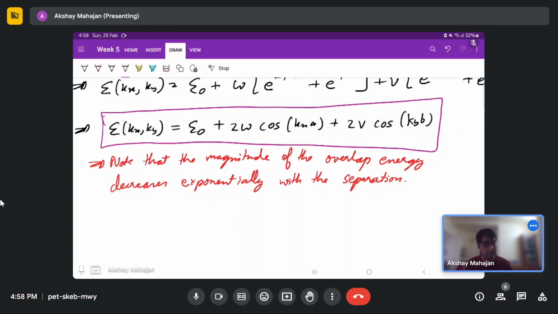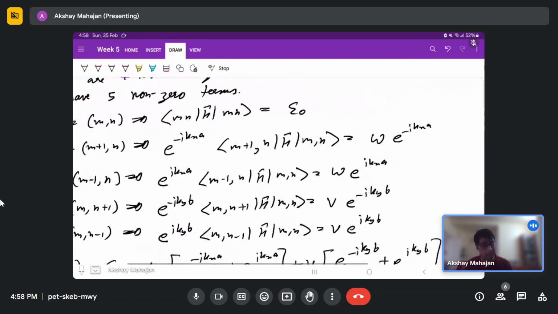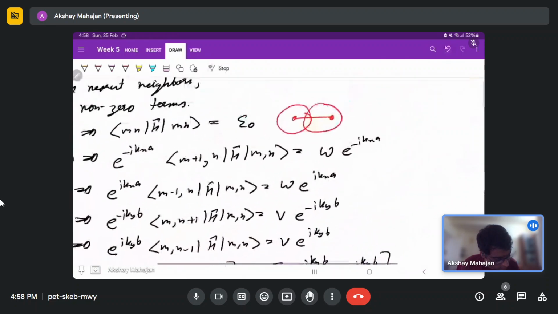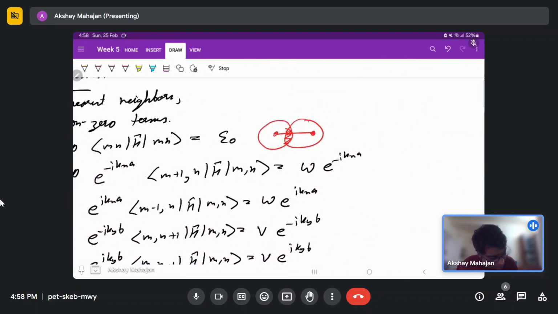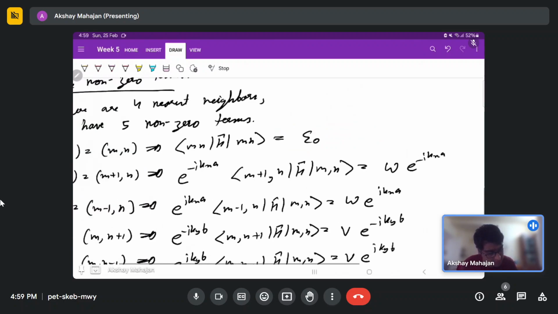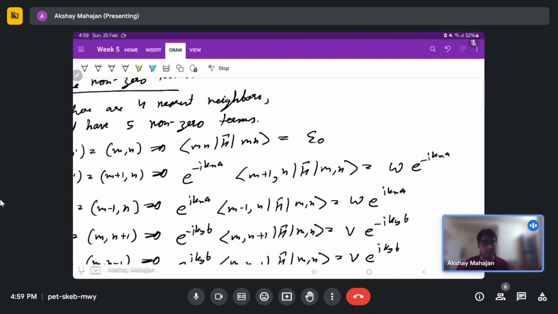So basically, you understand that these kinds of integrals, these hopping integrals, depend on the overlap between the atomic orbitals. As we increase the spacing between the lattices, this overlap will decrease. So because the overlap decreases, the magnitude of this integral is also going to decrease.